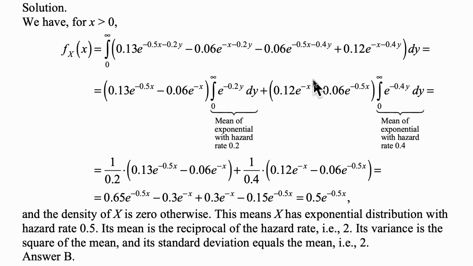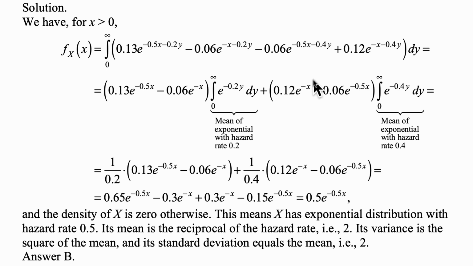So this whole quantity is multiplied by the integral from 0 to plus infinity of e to the minus 0.2y. But that is, of course, the mean of the exponential distribution with hazard rate 0.2, because e to the minus 0.2y is the survival function of that exponential distribution.